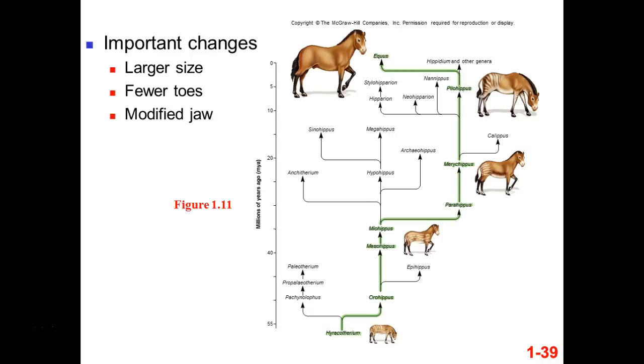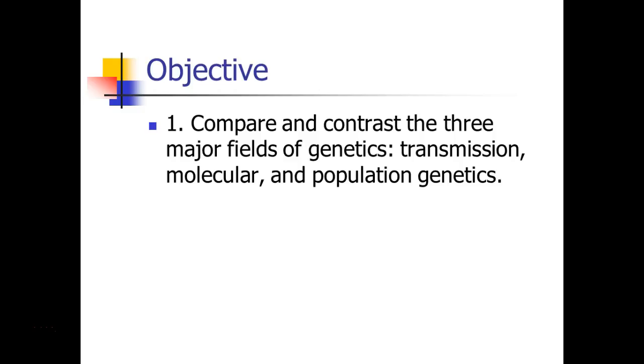Modified jaw, why would the jaw change? Depending on what they had to eat back then, it was probably different than what they're eating now. So for the ones whose jaw modification was best suited for the food that was available at that time, that was the group that predominated. So over millions of years, they modified to be able to graze.